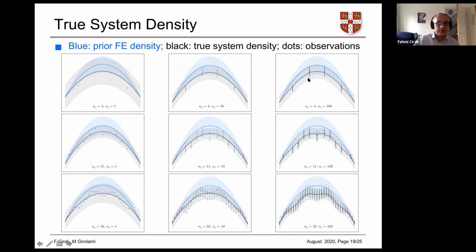So like in the previous slide, the blue curve and the shaded region is the prior density, the finite element density, before seeing any real data. And this is now the black line, and this gray region is the inferred system behavior, the inferred true system behavior.